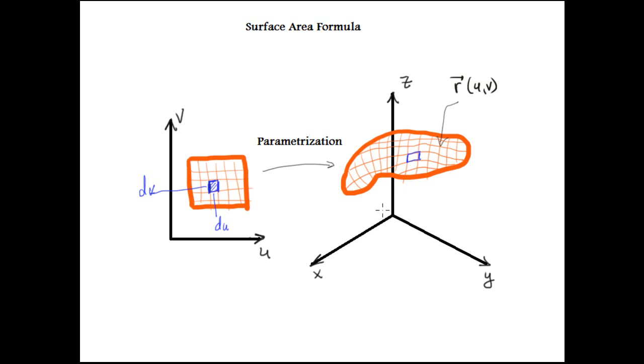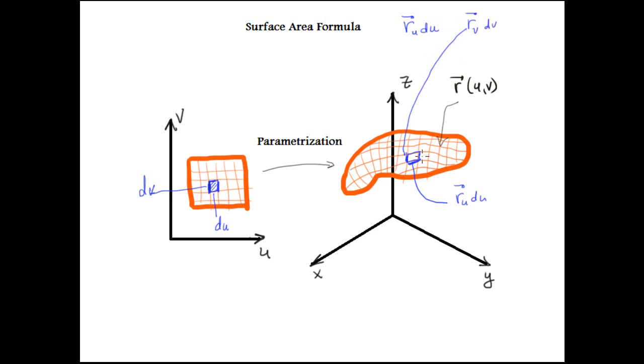Now, to find this, we plug it into the vector valued function. But this is a differential, so you need to differentiate. If you differentiate the vector valued function r in u and multiply by du, this is this segment, r_u du, and similarly the other is r_v dv.